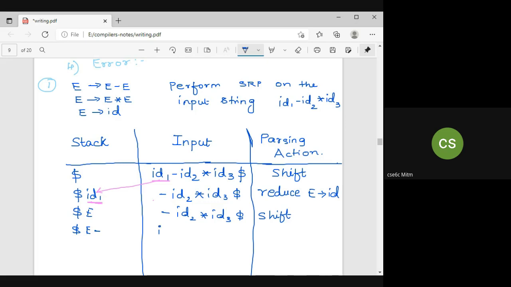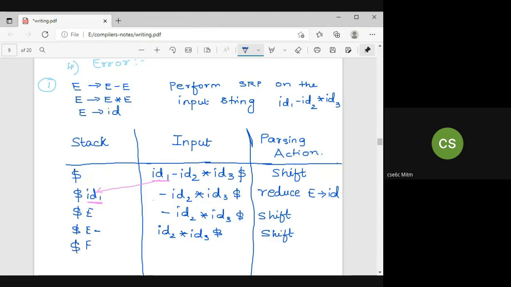What remains? ID2 star ID3 and then dollar. Next you see this entire string E minus, and see if you can have E minus reduced to something. There is no production rule with E minus. So shift. Keep shifting until you can reduce.